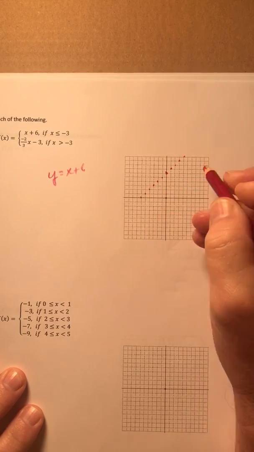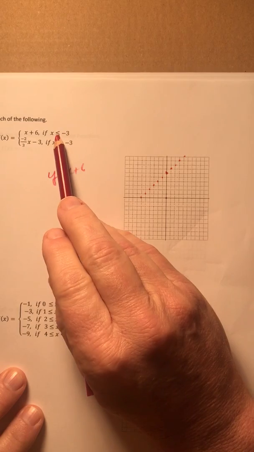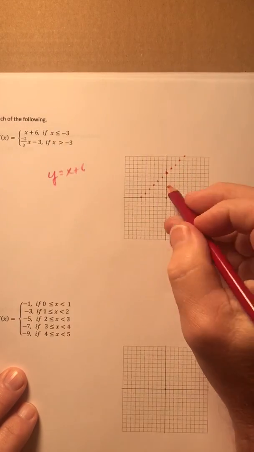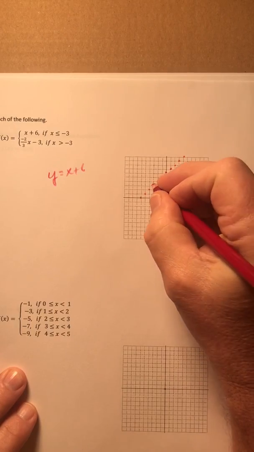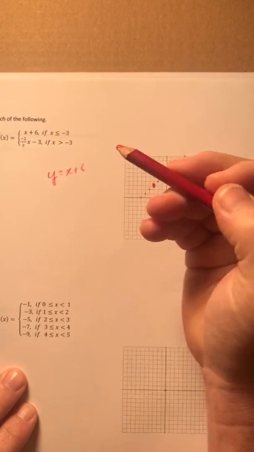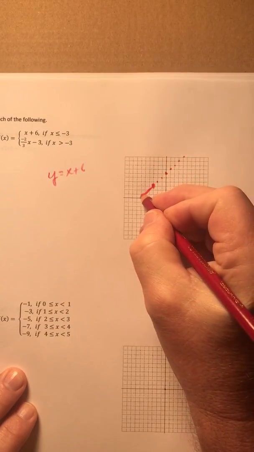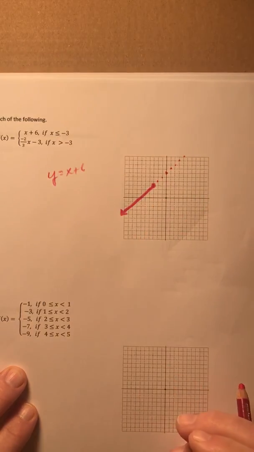So I'm going to go back a little bit. So now at negative 3, we want to put a closed circle. So negative 3, 1, 2, 3, go up to where the graph is, and it's a closed circle. And the arrow is pointing to the left, so we draw the left side. And that's the first one.